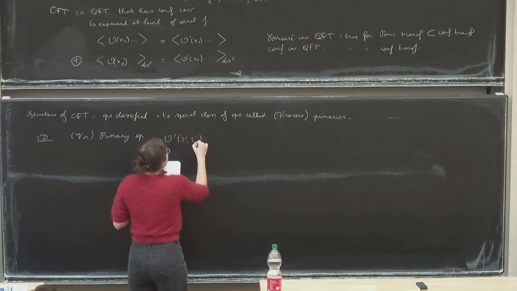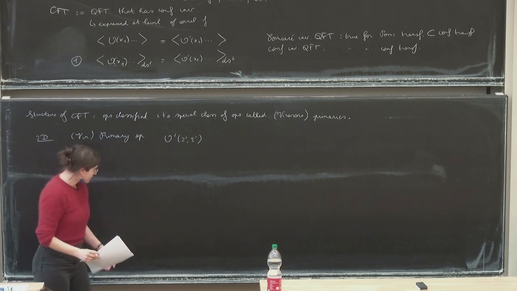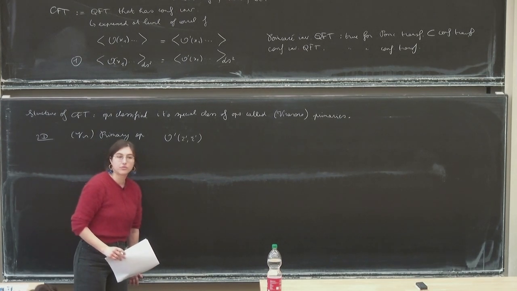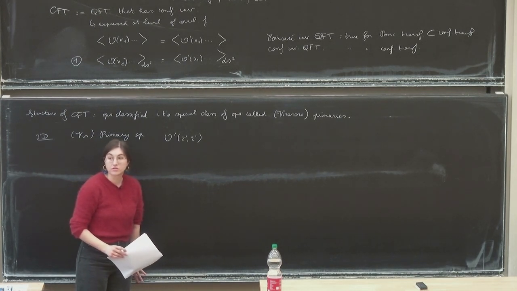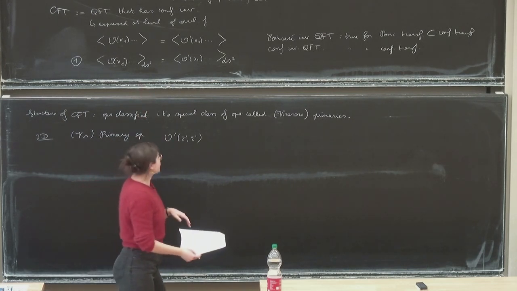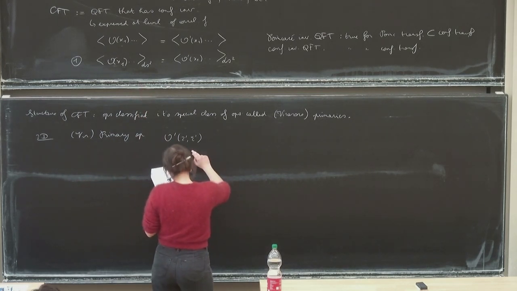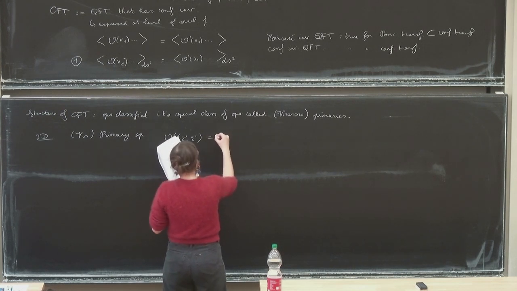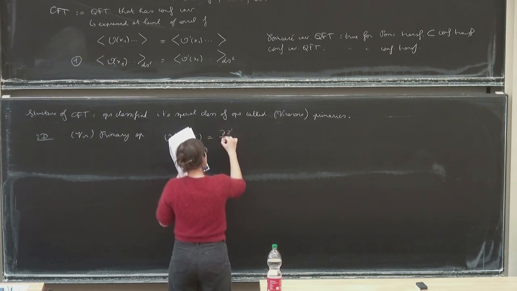The way you define what a primary operator is by saying how it transforms under conformal transformation. So we understand now what are the conformal transformations. Primaries are operators that transform as follows.